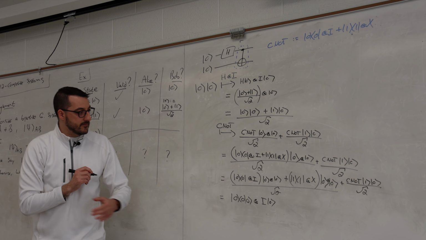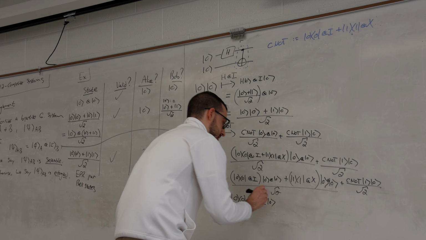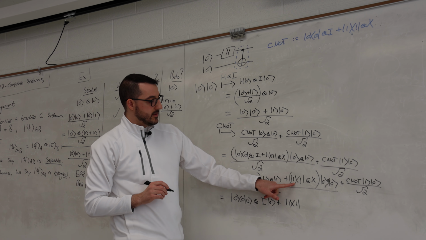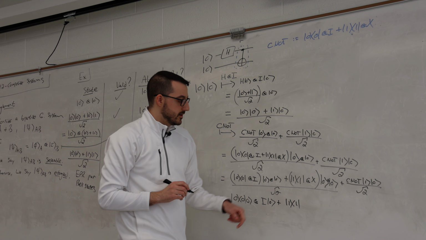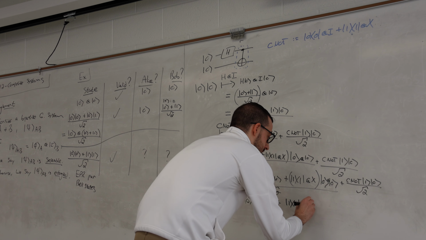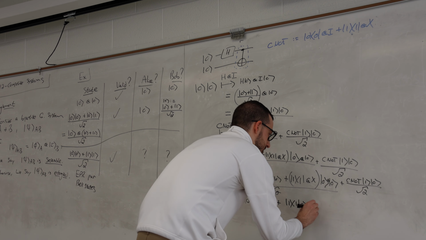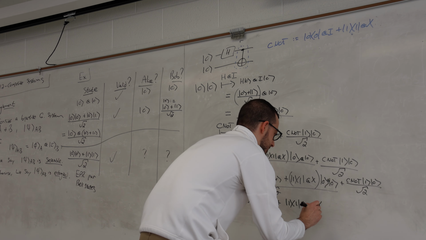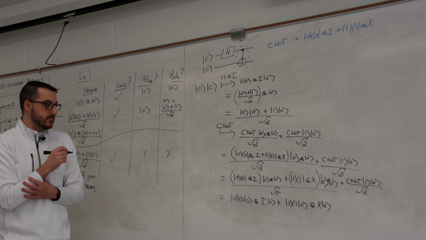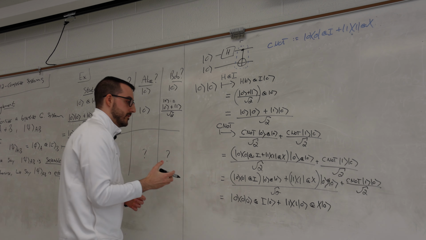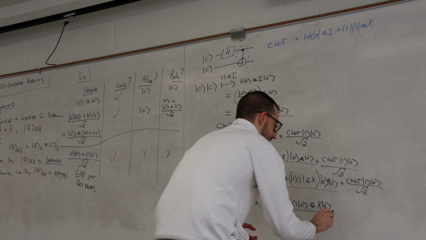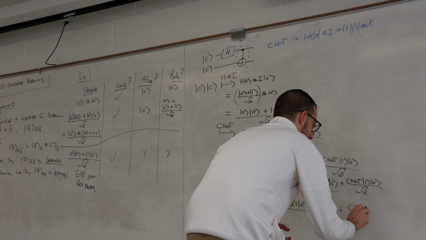Now I'm going to do the same thing for the second term. Plus 1, 1 is the operator on the left of the tensor product. Ket 0 is still the state on the left of the tensor product. Tensor Pauli X times ket 0. 1 over root 2 is still here. And then the second term is still along for the ride.